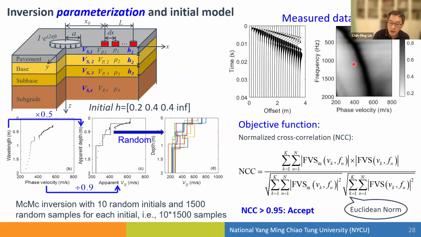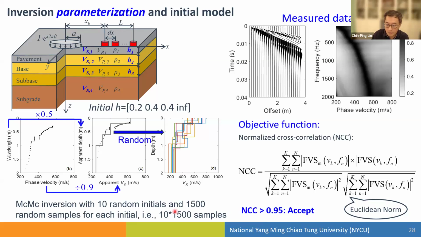In this case, we use a normalized cross correlation. When this NCC is 1, it means the two images are identical. So it's between 0 and 1, and we can consider NCC greater than, say, 95%, the profile is retained, is accepted, right?